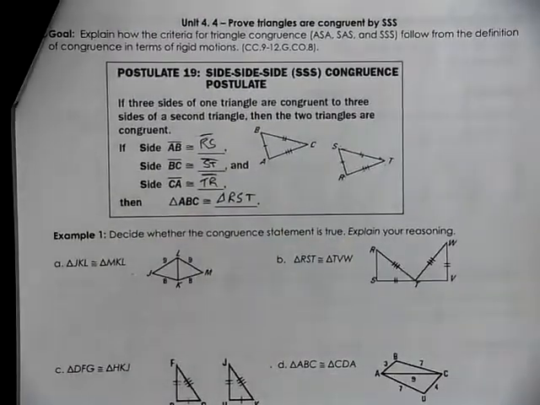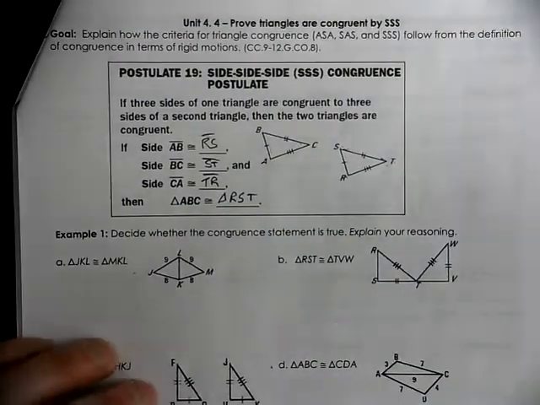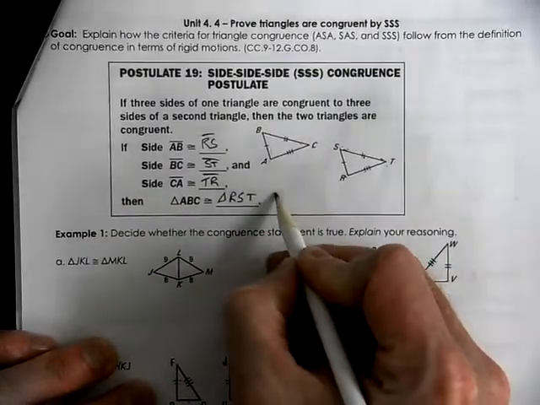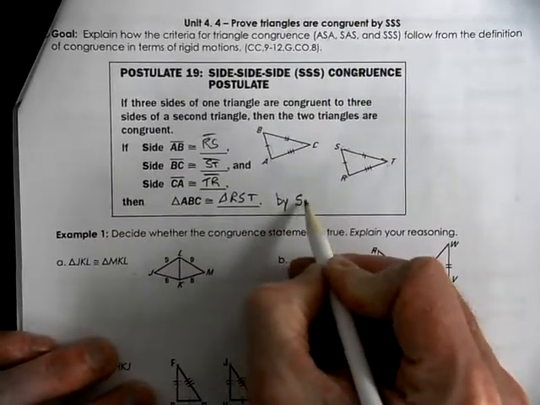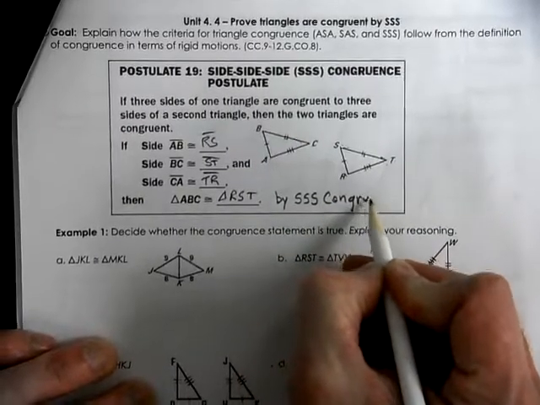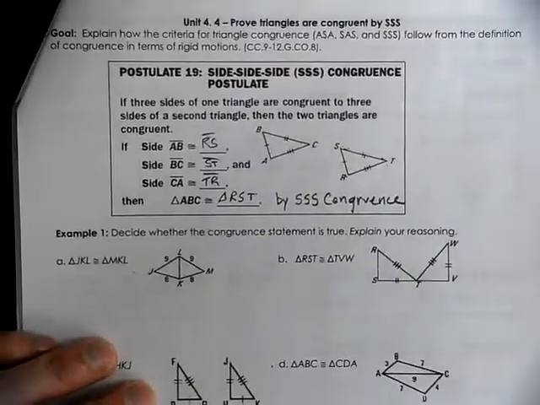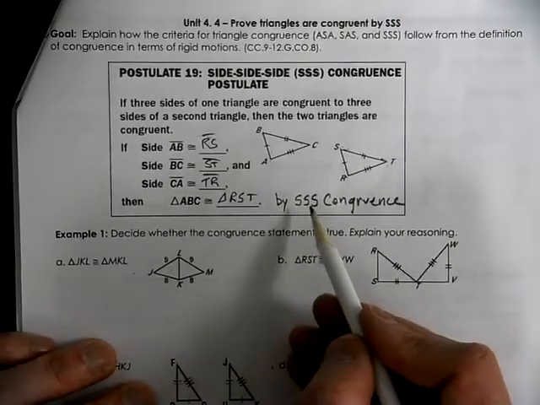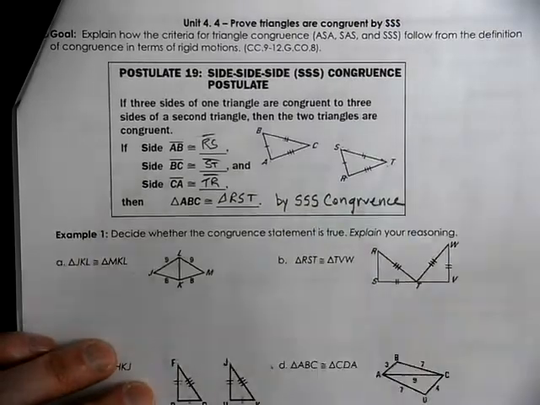And that would be a correct congruent statement. And we would have proved the triangles congruent by side, side, side congruence. That's what we're going to write in our proofs. How did you prove the triangles congruent? You proved them congruent by side, side, side congruence.